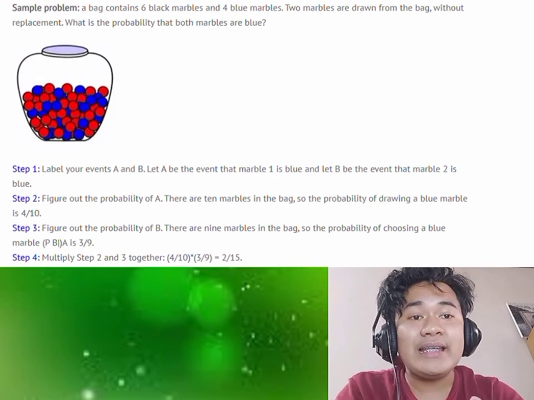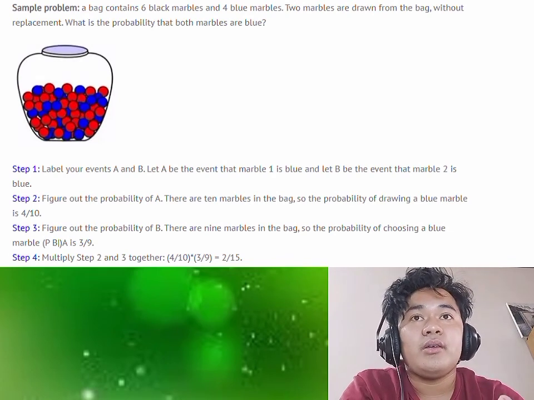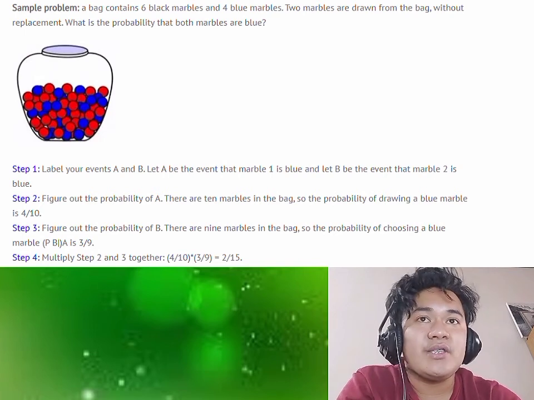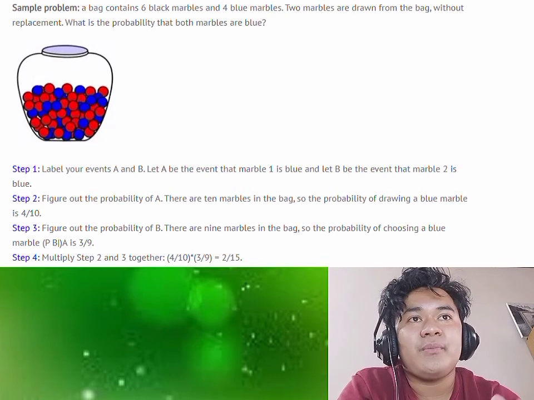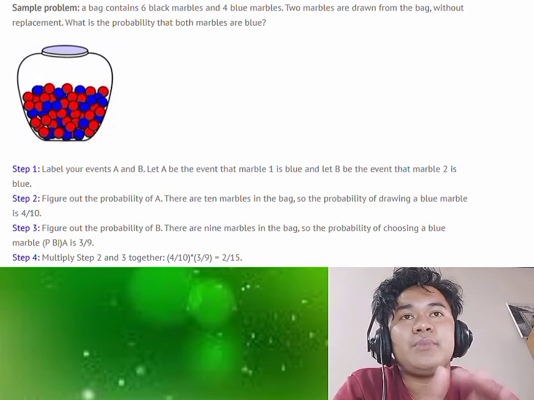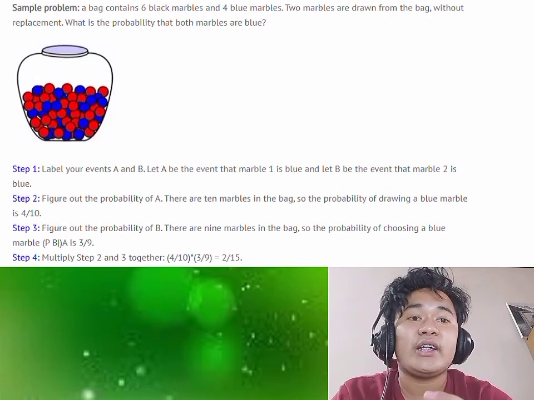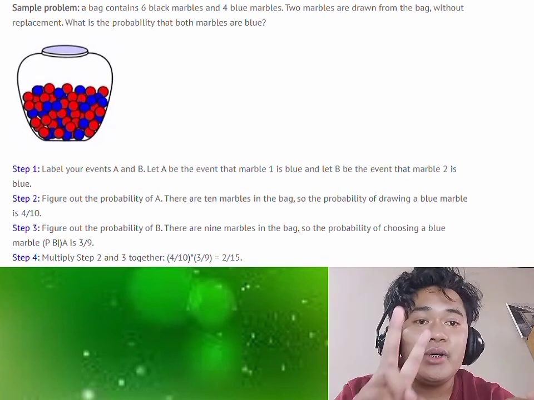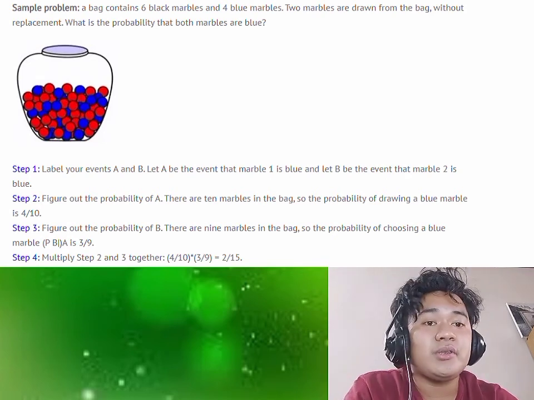So I have here an example about the multiplicative rule. A bag contains 6 black marbles and 4 blue marbles. 2 marbles are drawn from the bag without replacement. What is the probability that both marbles are blue? So we have here 2 attempts, so we're gonna separate draw number 1 and draw number 2.